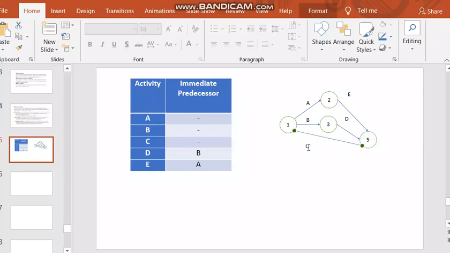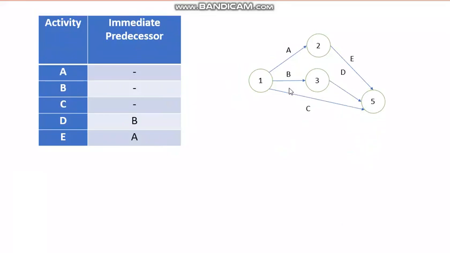C will go here, this is E, and E will come here. Now you understood how it is. It should start with one event and end with one event, so it will be like this. This is how the network is constructed.